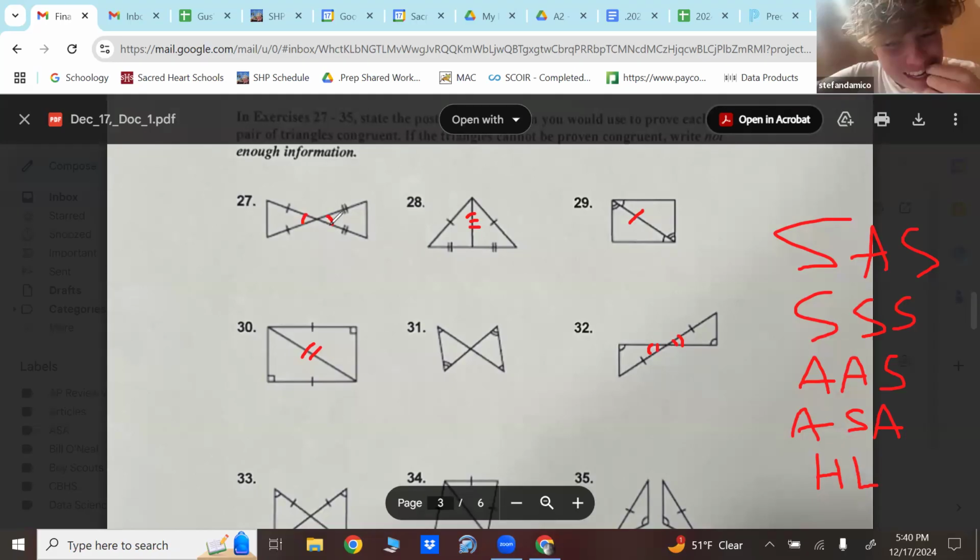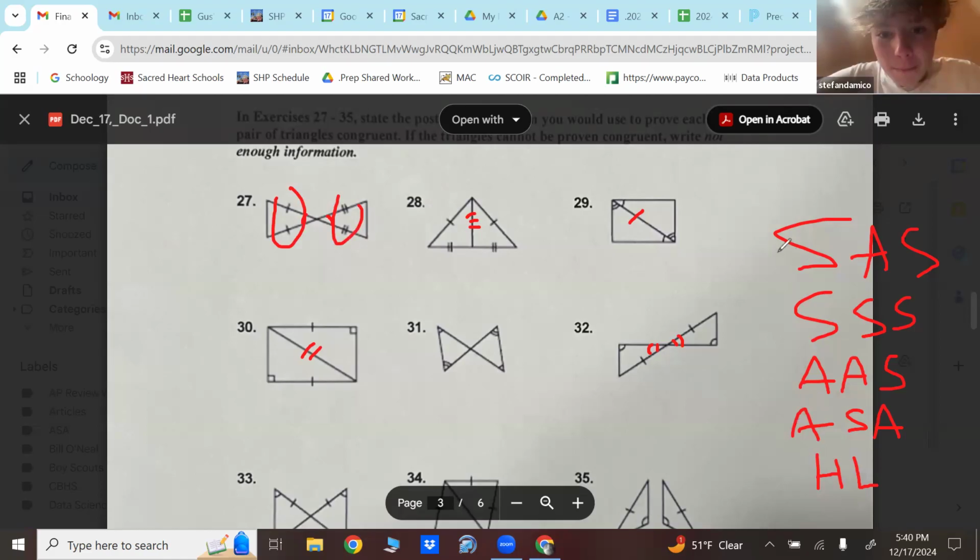Because the left one is completely different. These two sides are the same, and these two sides, but they have to be the same across, right? So that one's not gonna work. 28's right. What reason? Because they mirror each other. But which of these five?